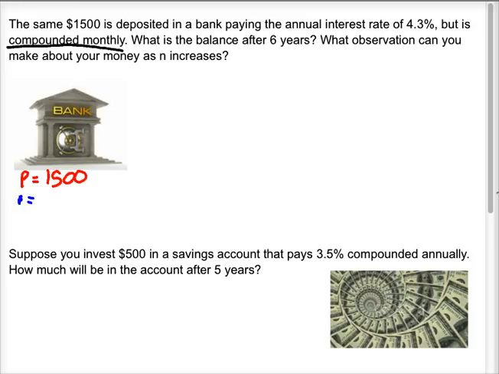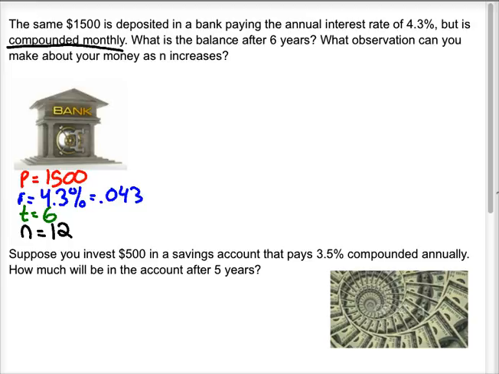The rate is still 4.3%, which you know as a decimal is 0.043. We're still talking about 6 years, but this time is compounded monthly. So this time we have an N of 12.